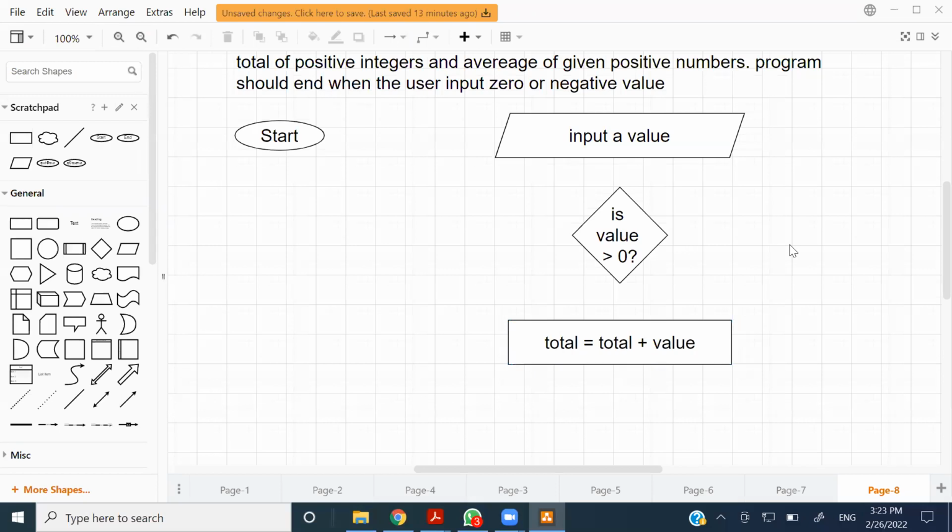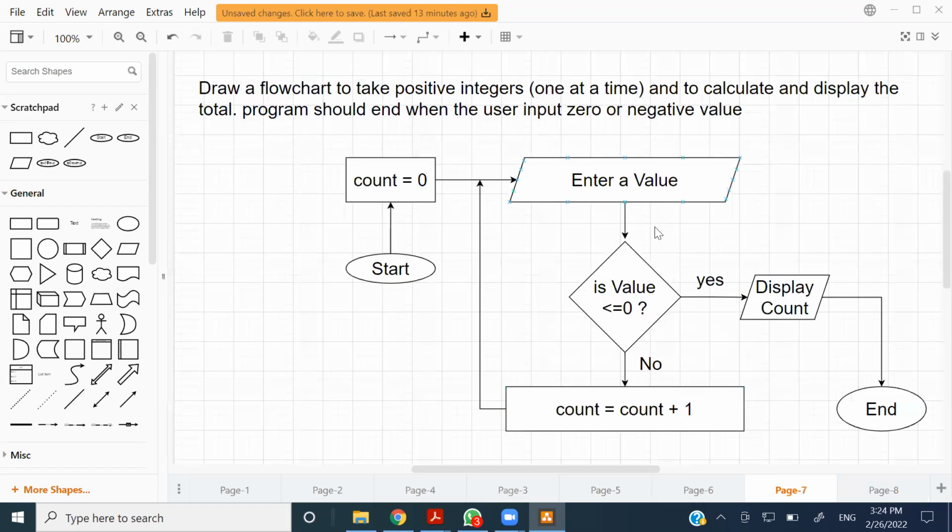We have to output the total and the average. To calculate the average, what should we do? We should count the number of values. Yes, Osanda, that's right. So how are we going to count it? Like we did in the previous example.